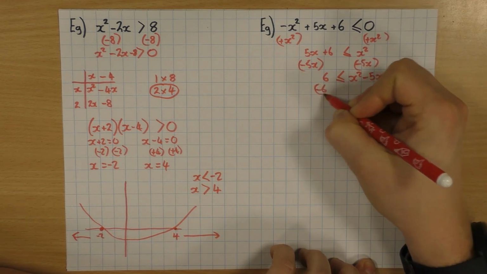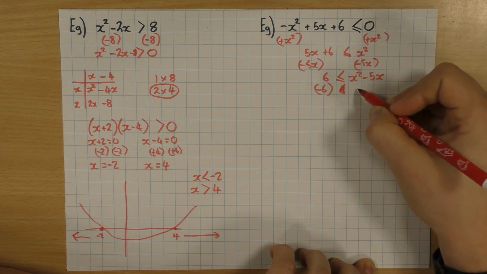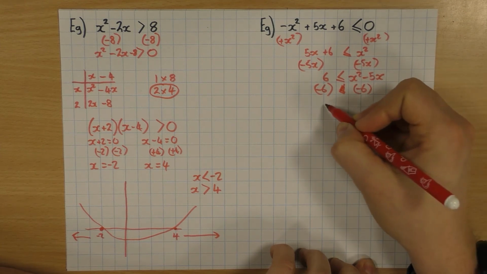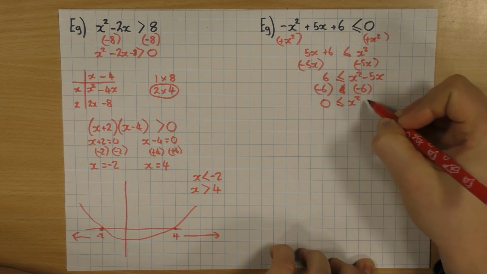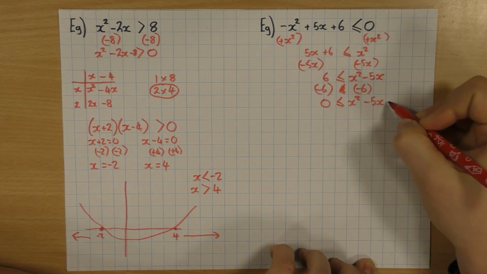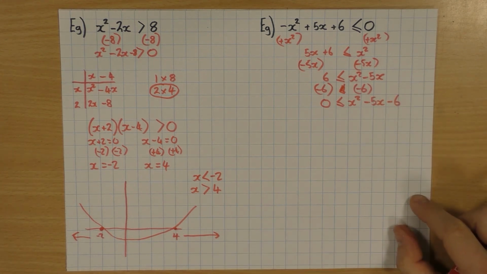And then finally I'm going to minus the 6 to both sides. So I'll have 0 is less than or equal to x squared minus 5x minus 6.